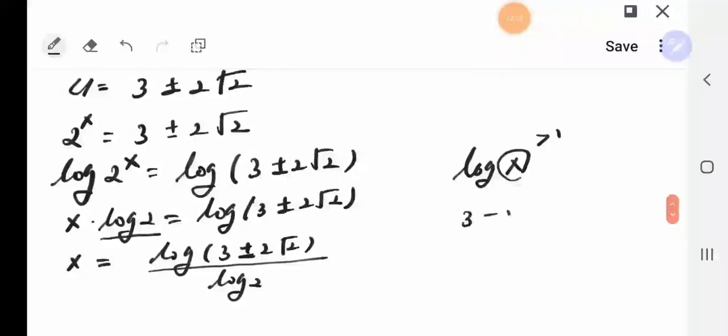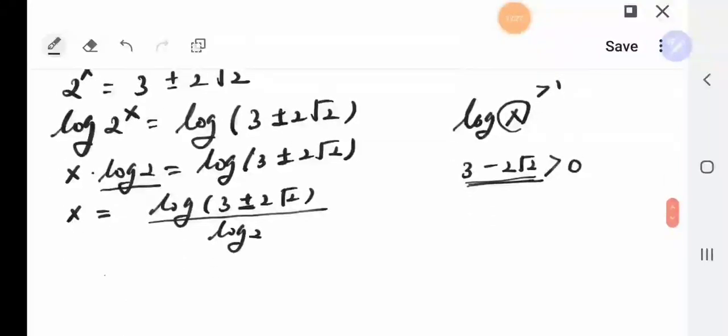And 3 minus 2 square root of 2 is positive, so we can use this one too. Then this will give you two answers, which, if you use a calculator, are negative 2.54 and positive 2.54.